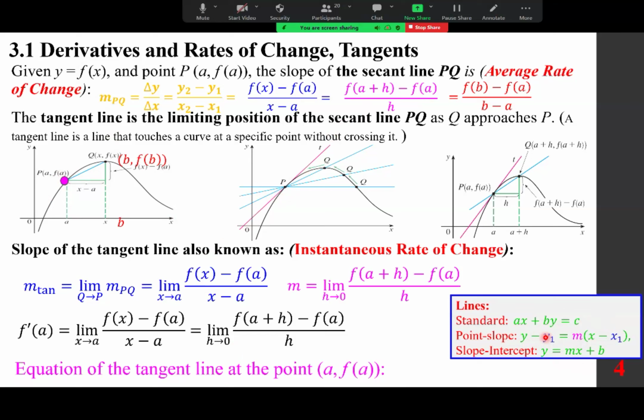So y minus y1, that means y minus f of a, equals m, f prime of a is m, times x minus x1, x minus a. Now, do you have to memorize this formula in this format? No. Just remember the point slope form from elementary algebra and you're fine.